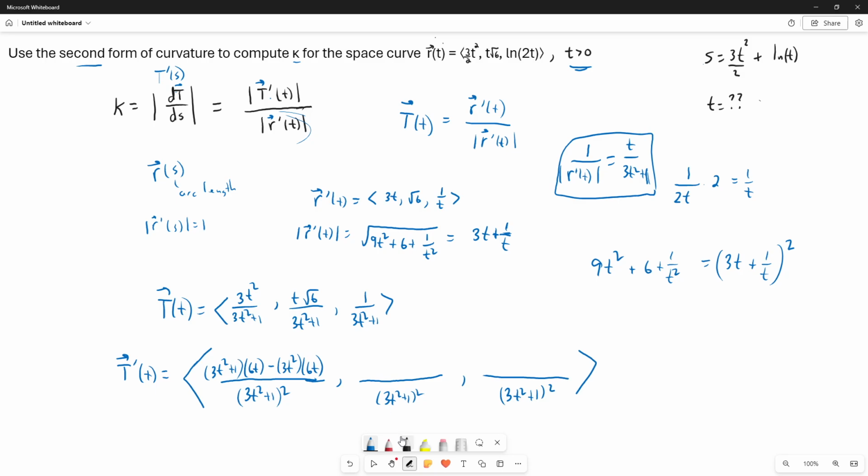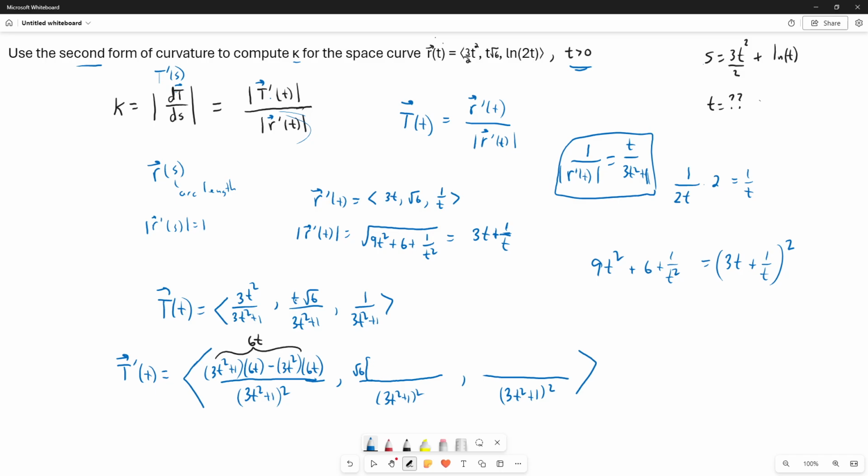And that all shakes out to be just 6t, because the 3t squared times 6t minus 3t squared times 6t cancels, and we're just left with the 6t times 1. On the top, we have a square root of 6, which I'll factor out.